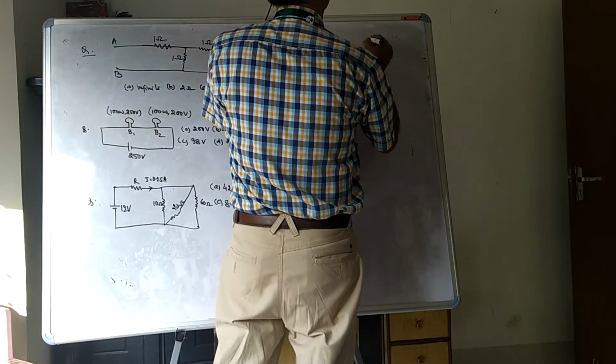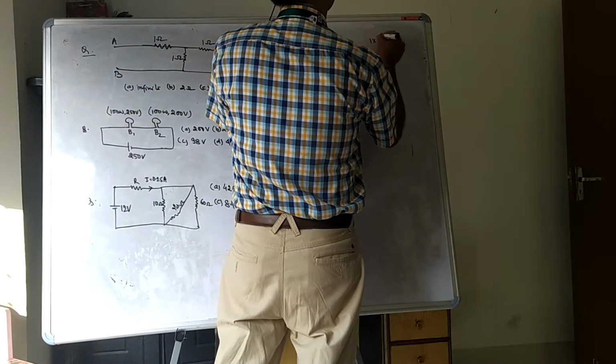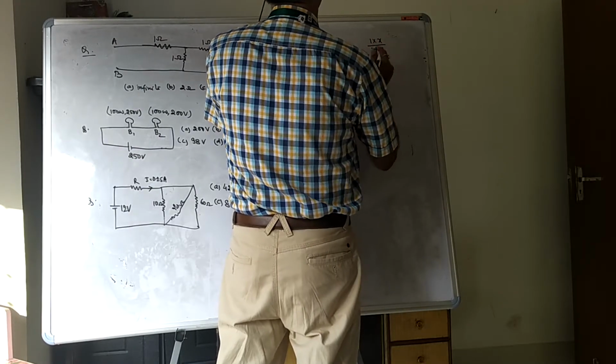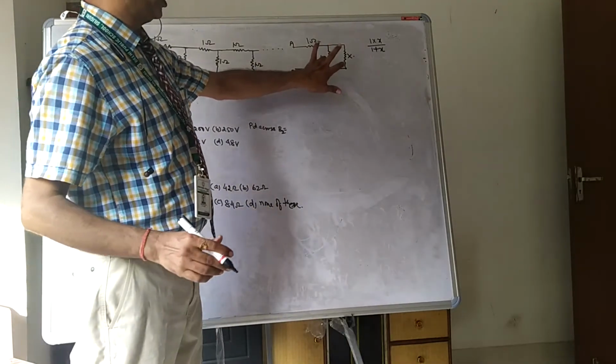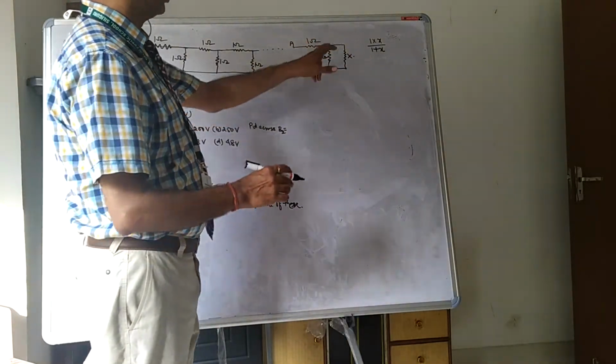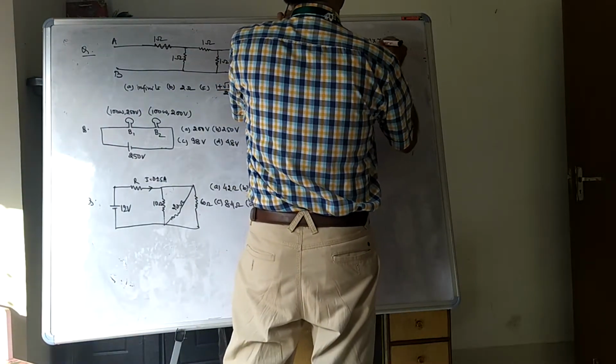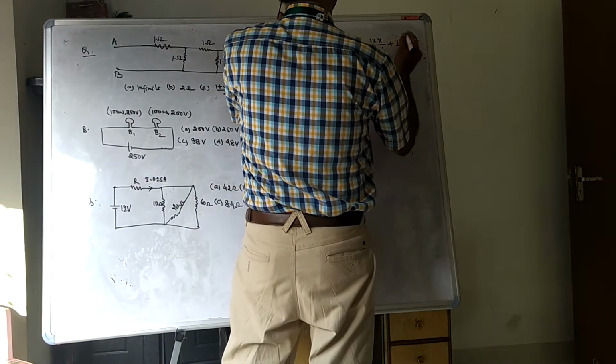The answer will be 1 into X divided by 1 plus X. So this is the equivalent value of 1 and X in parallel. Now that is in series with 1, so the total value will become that plus 1.